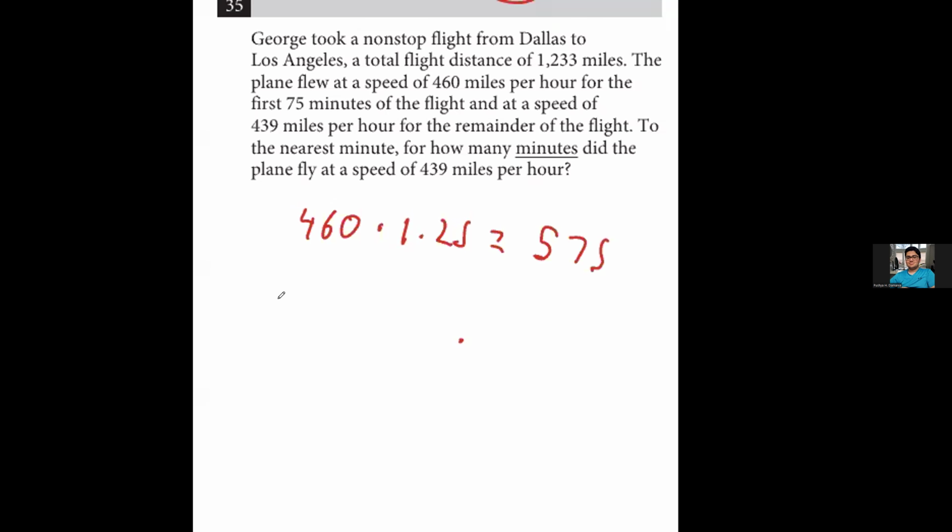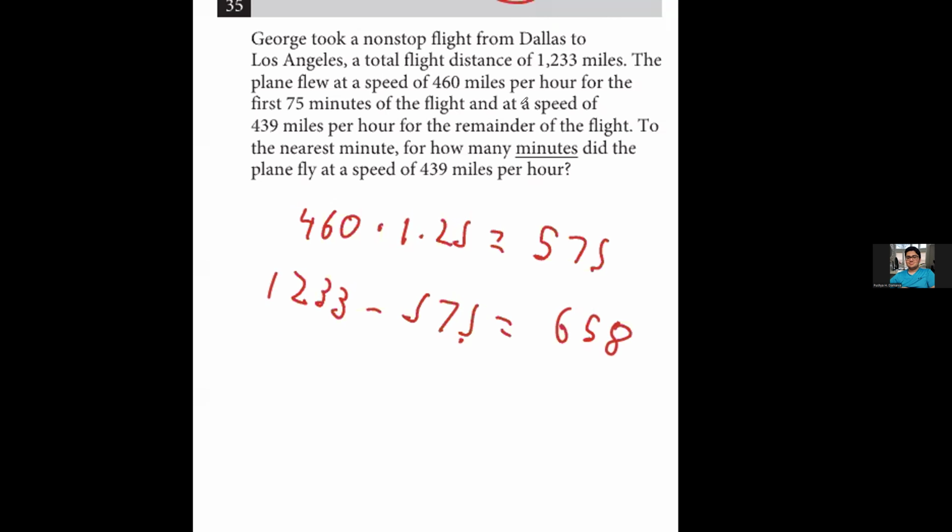And then we have the total, which is 1233 minus 575, which gets us 658.